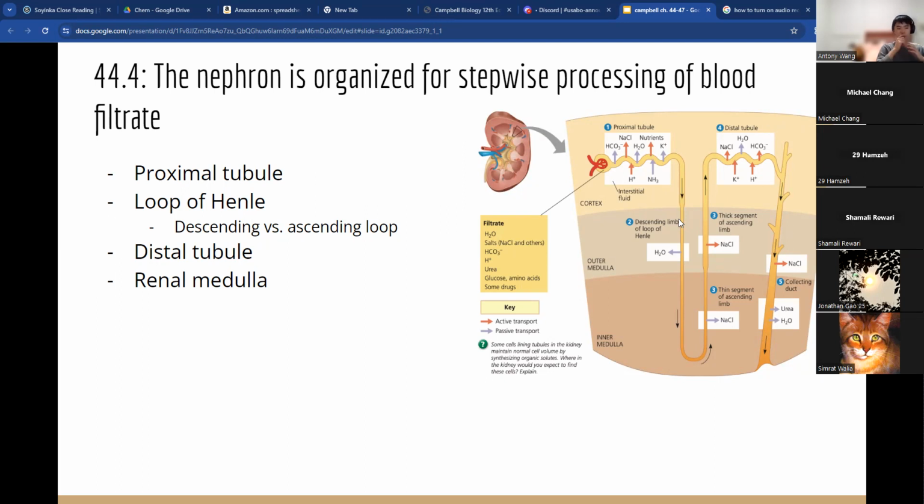Next, you have the loop of Henle, and this is a very powerful tool for reabsorption. Basically, what this section does is, as you go down, it pumps a lot of salt into the surroundings, such that up here, there's a concentration of solutes in general, osmolarity, of around 400.